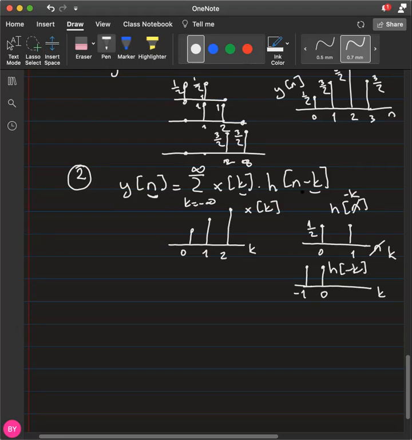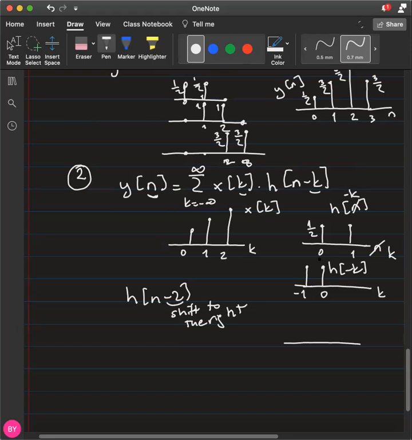Now I will move by n, okay? But this time, if you remember in h of n minus 2, what were we doing? If it is minus 2, shift to the right, right? Shift to the right.